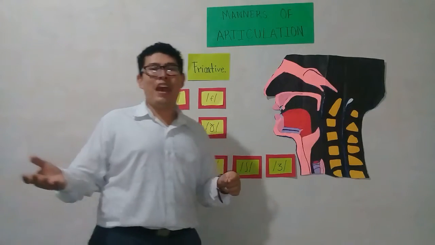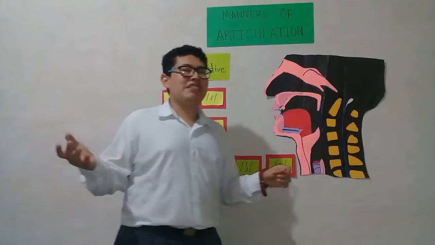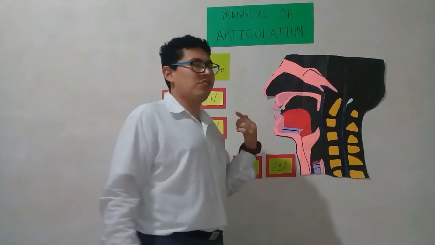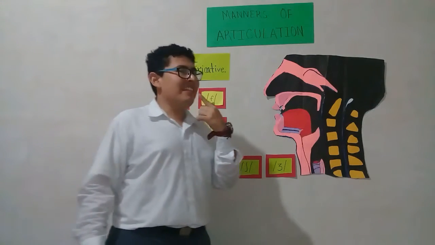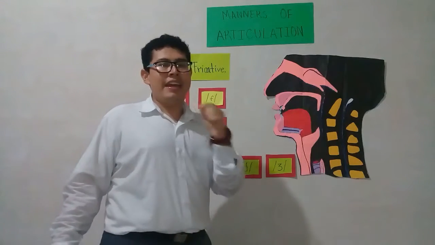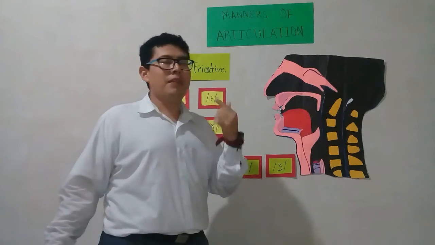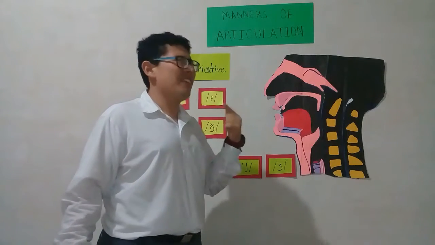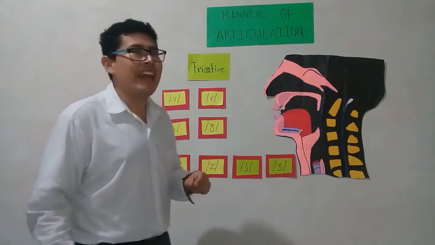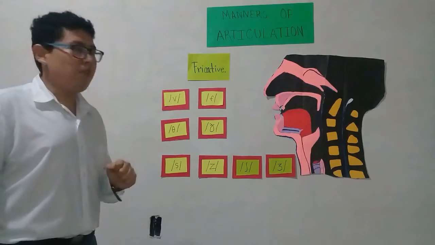For example, if we have a labiodental sound, we can identify that kind of friction caused by the air trying to escape between the upper teeth and lower lip. And we have this kind of fricative sound.